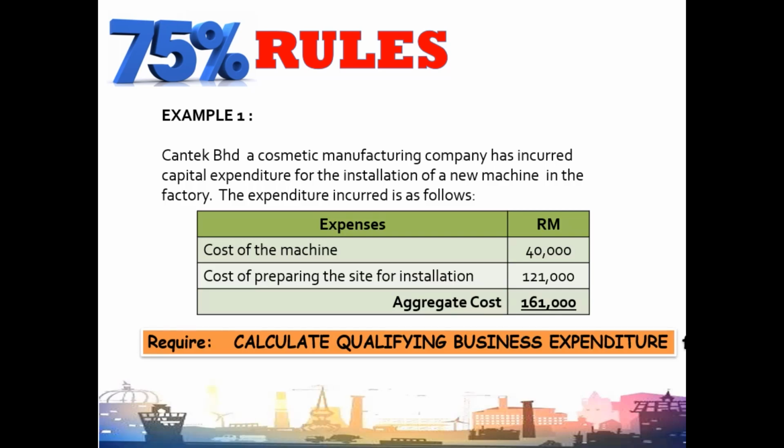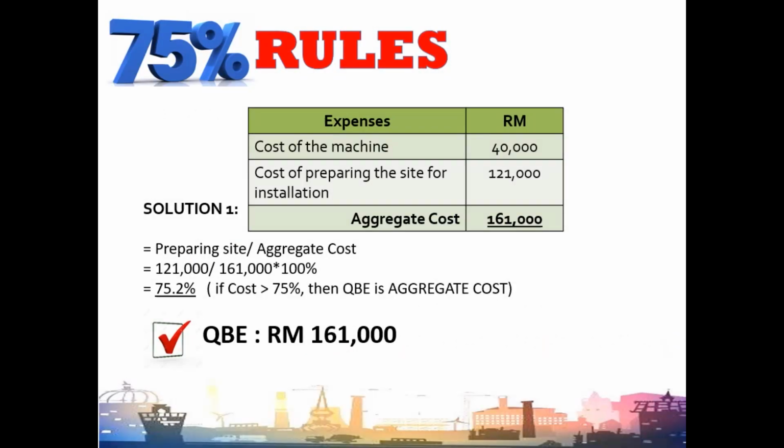As I told you earlier, the cost of the machine is already a part of QBE. Our problem is whether the cost of preparing the site for installation is a part of QBE or not. So we have to calculate the QBE. Let's have a look at the answer.